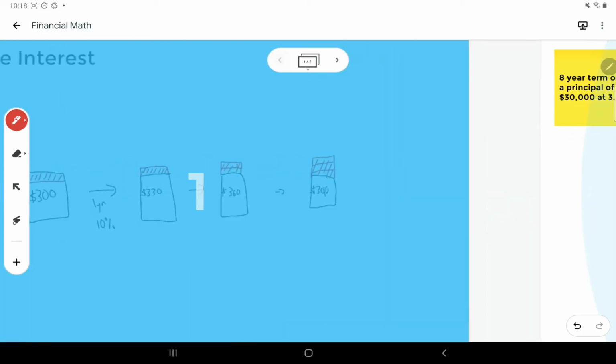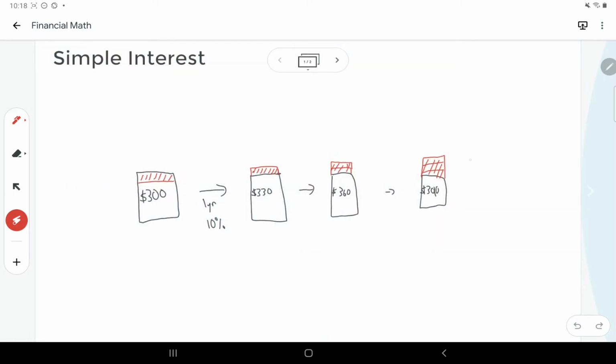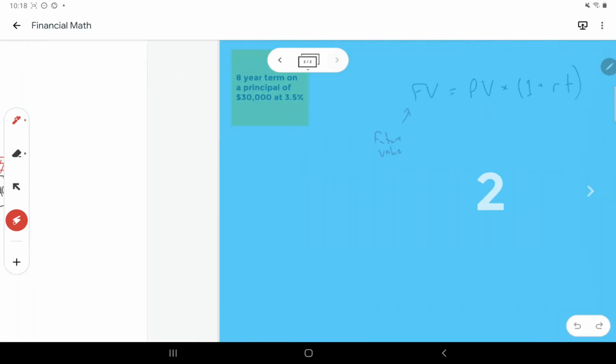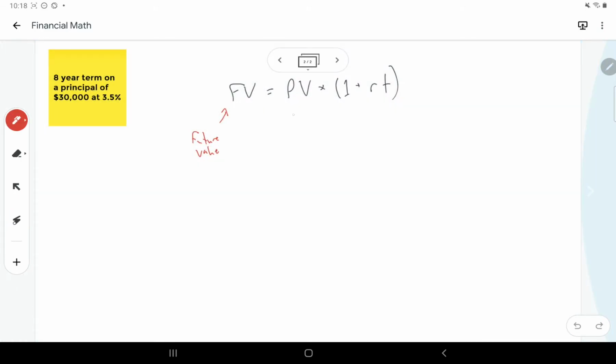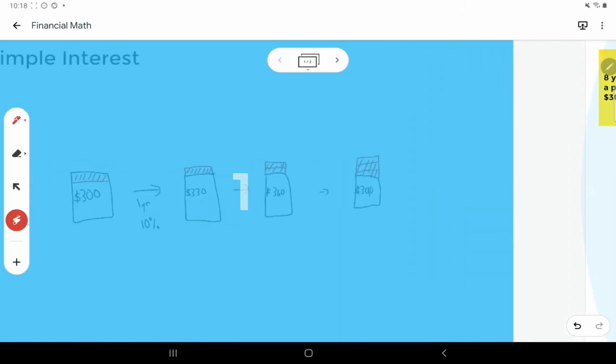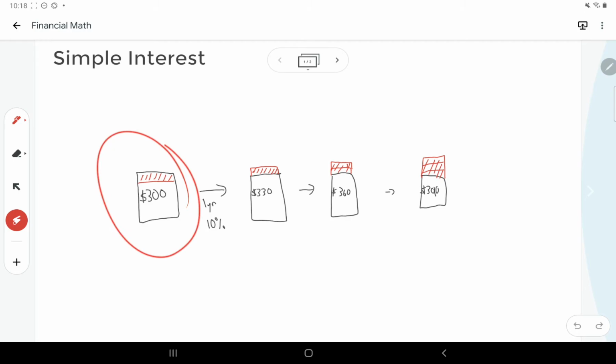Okay, so like looking at our example back here, this might be the future value if that's the end of the terms that you're using. Okay, and we have the present value, or the principal. Right, it's also called the principal, it's just the money that you start with. So back in this example, that's the $300.